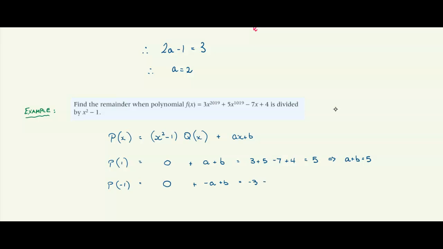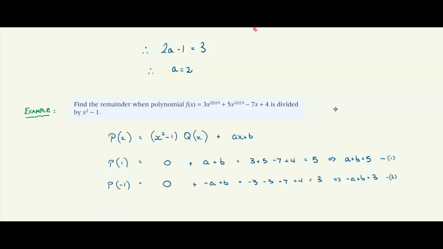Another odd power here, so that's -5. Subtract 7 times -1, so that'll be +7, plus 4. So I'm on -8, plus 7 is -1, plus 4 is 3. So I end up with -a plus b is equal to 3. So here I have equation 1 and equation 2.